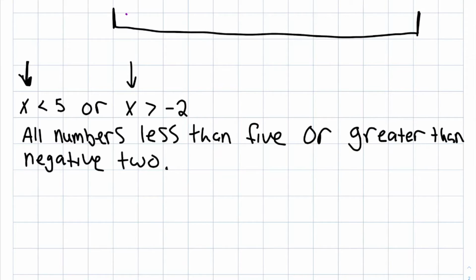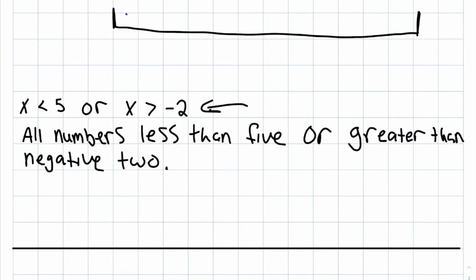So this is how you go about converting some mathematical statement like this up here into actual words. So we look at it and we say all numbers less than 5 or greater than negative 2. So with or instead of and, we're not looking for overlap necessarily. We're just looking for where they fit on the graph.